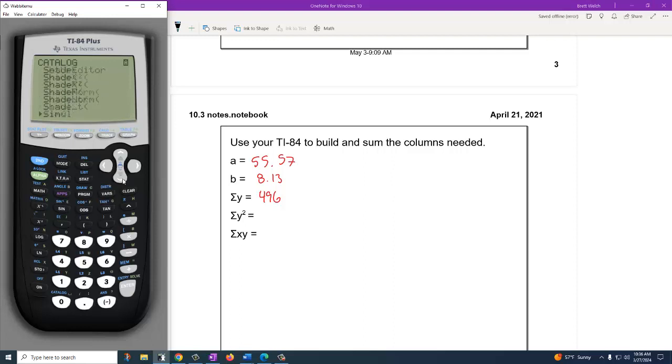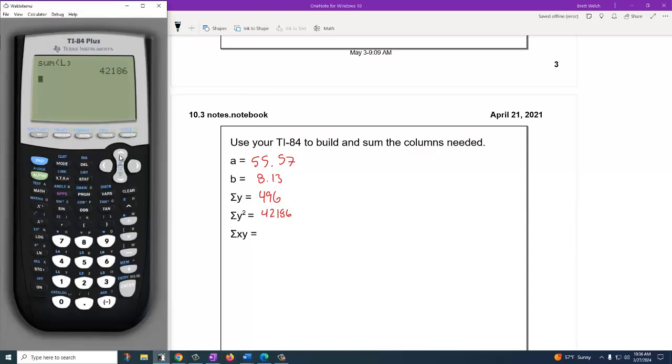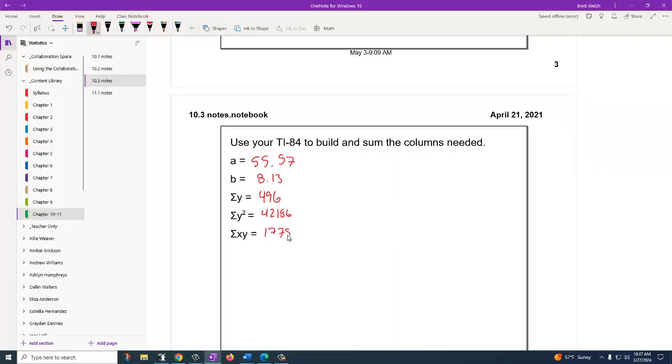If I did sum of L3, which is y squared, it's 42186. The nice thing about doing it this way is I can just switch it to L4, which would be x times y, which is 1778.